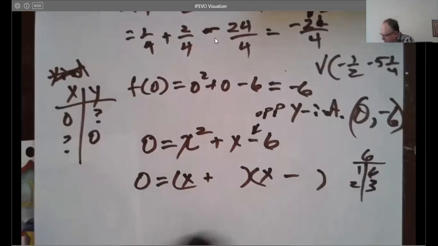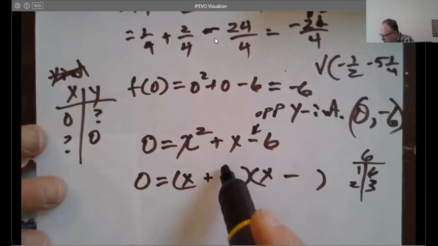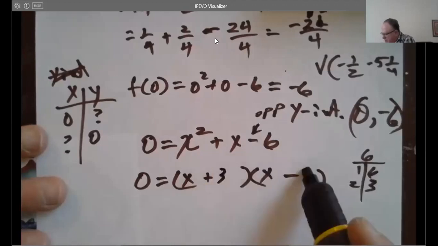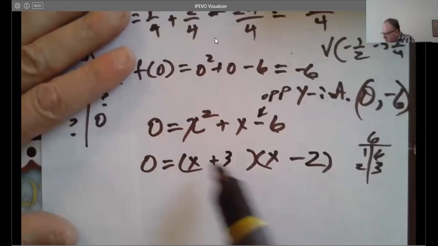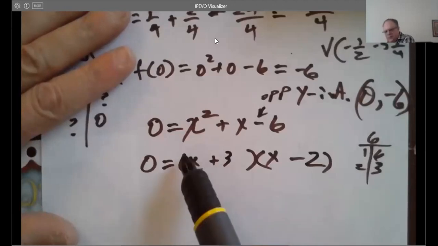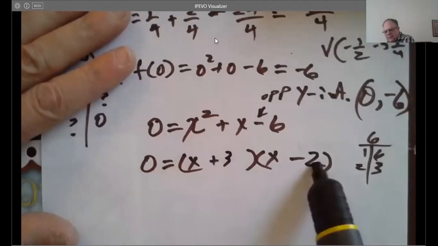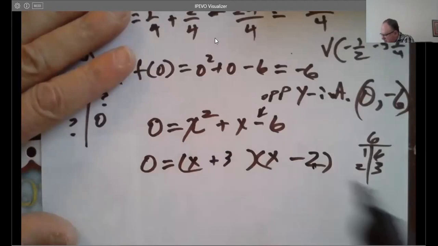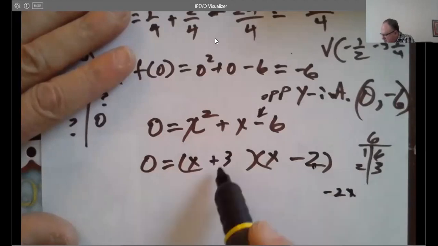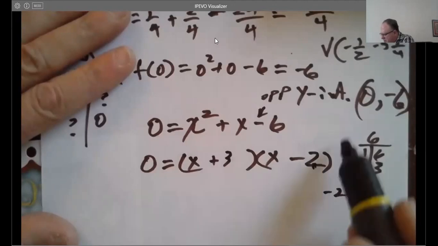So it'll be 2 and 3, right? Because it's positive, we put the 3 with the x and the 2 with the minus. Well, you want to check it. You could do a full-blown FOIL: x times x is x squared, x times negative 2 is negative 2x, 3 times x is plus 3x, and 3 times negative 2 is negative 6.